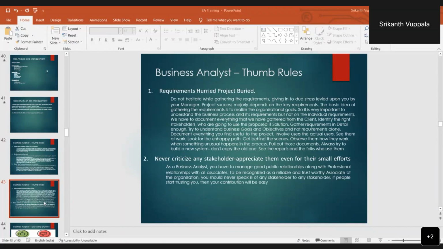So BA is such an important role. Sometimes, if one of the clients is working with the BA, and the BA has left the company, the client will ask that particular organization to put that BA back into that project.